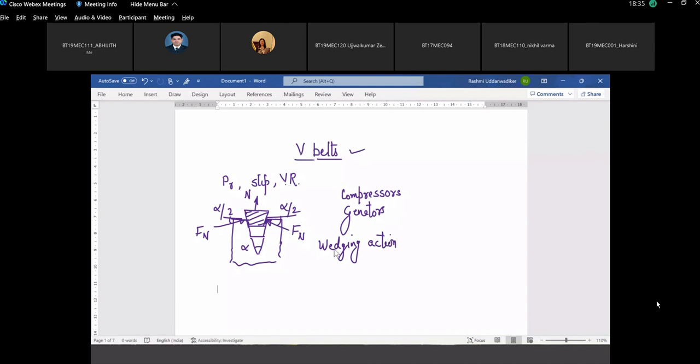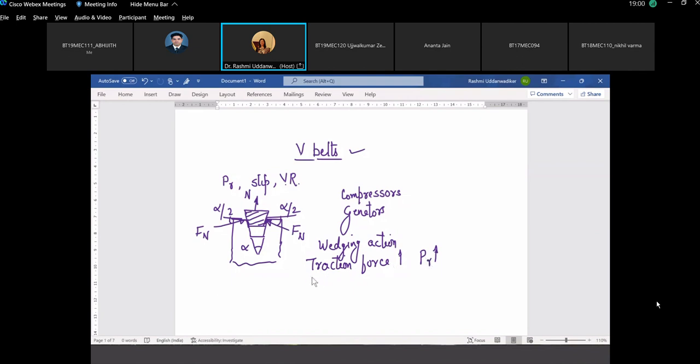that the force which is required to transmit the power, which we call the traction force, which is again nothing but T1 minus T2, increases, and with this increase, the power transmission capacity of the V belt also increases.